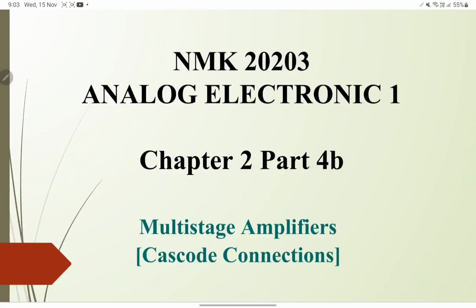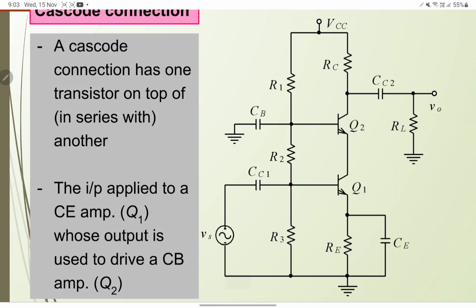Today we're going to continue chapter 2 part 4B, where we'll be focused on cascode connections. This cascode has a difference from the cascade, where the cascade stages are separated by a capacitor in between Q1 and Q2.